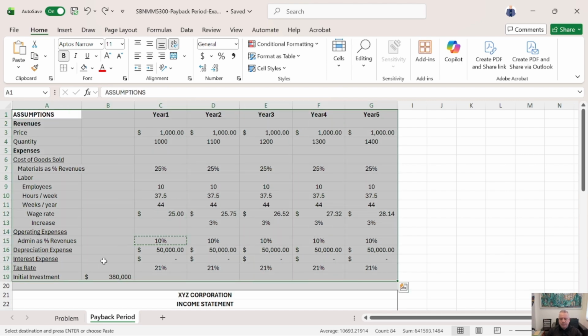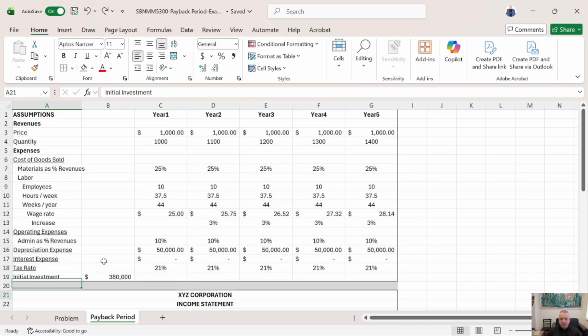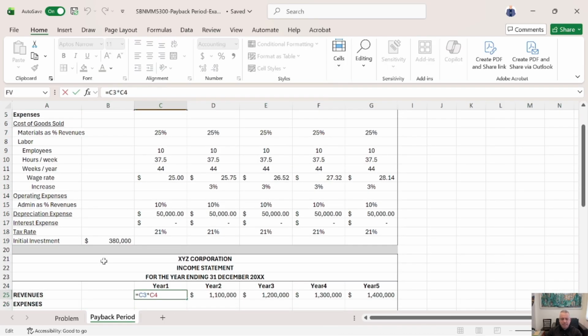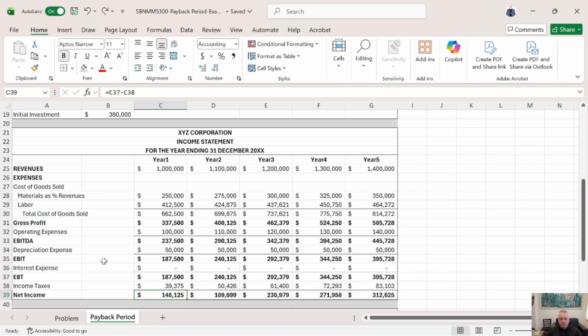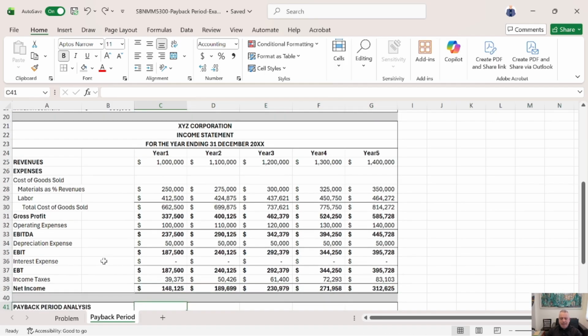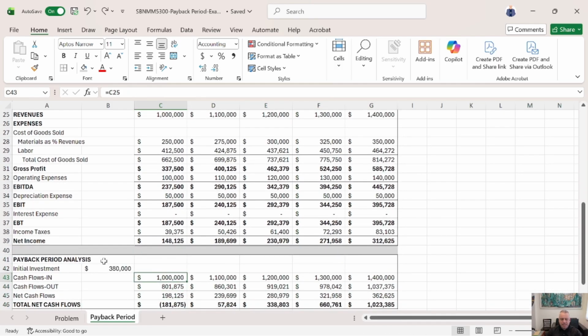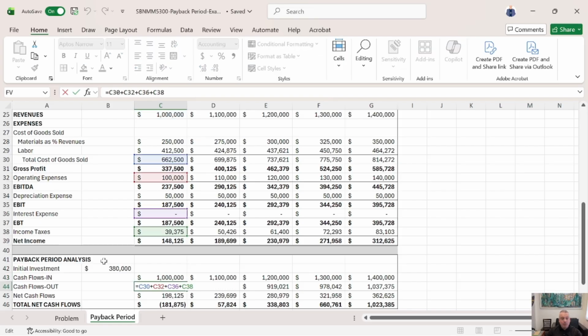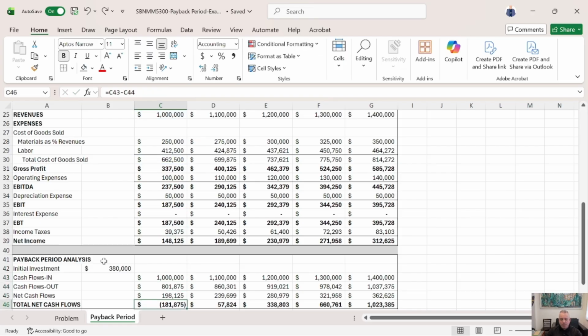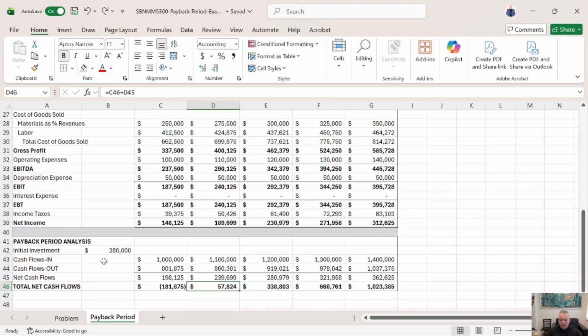Those assumptions help us build a quality income statement for which we produce net income numbers, and then convert those into a payback analysis where we look at the initial investment and compare it to how we bring cash flows in and how we expend cash flows until we are able to see the point when our net cash flows over time become positive, overcoming that original initial investment.